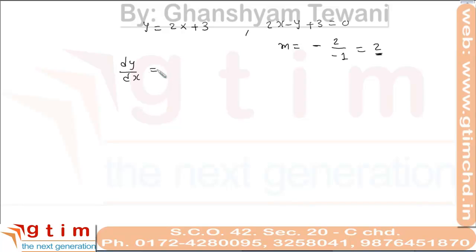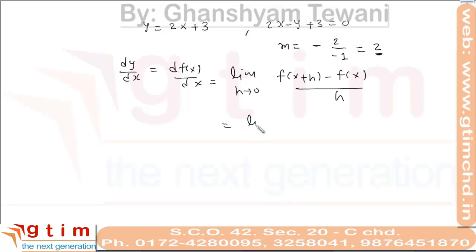Now by formula, df(x) by dx is equal to limit h tends to 0, f(x plus h) minus f(x) upon h. Then limit h tends to 0. What is f(x) here? That is 2x plus 3. And then what will be f(x plus h)? You replace x by x plus h here.